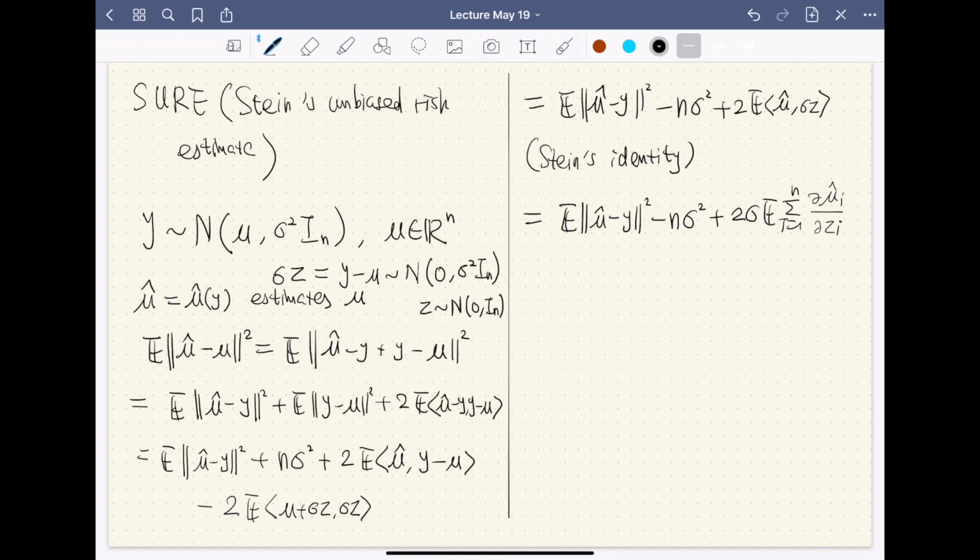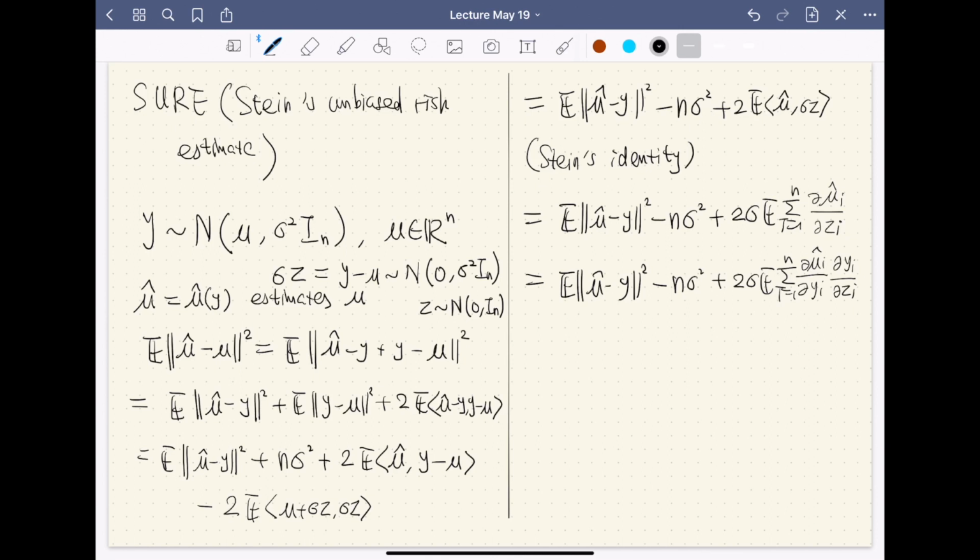Now we are going to replace the partial derivative with respect to z with the partial derivative with respect to y. Then we also need to correct it by the derivative between y and z.